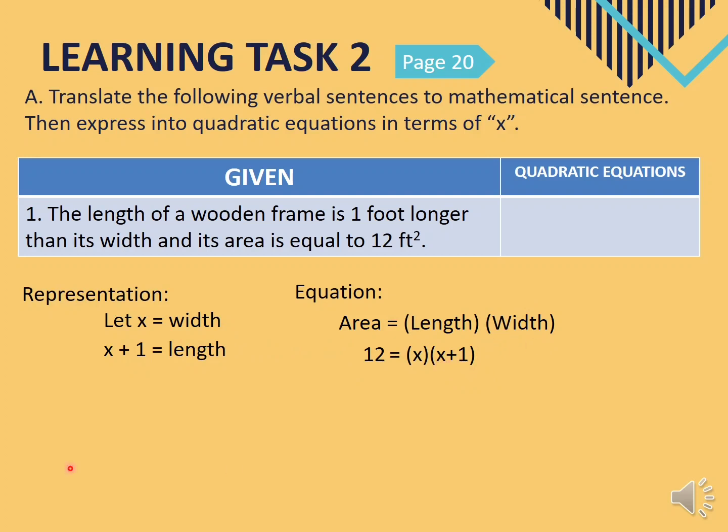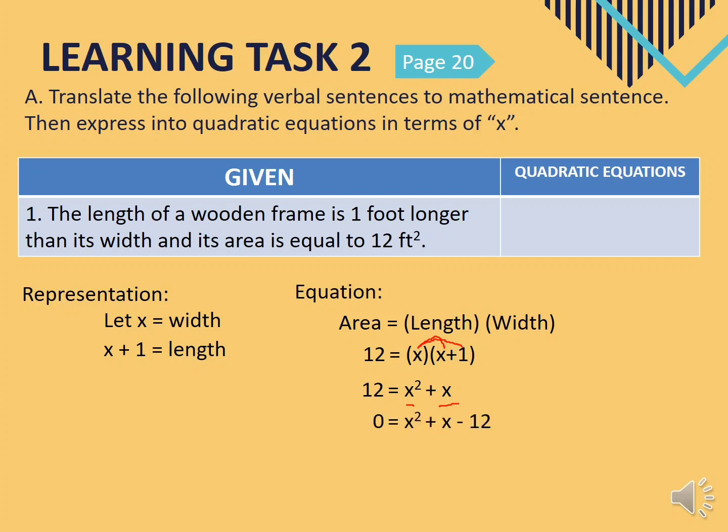Now, let us simplify. So we have 12 is equal to, saan nanggaling si x squared? Okay, dito po. We just simplify it by distributive property. X times x, we have x squared. X times positive 1 is positive x. So we have 12 is equal to x squared plus x. Now, sabi dyan ay ilagay natin into standard form.